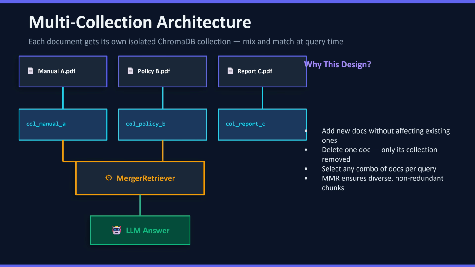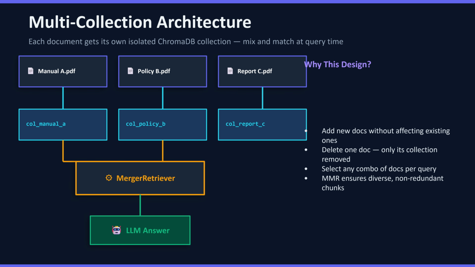Our approach is different. Every document, manual A, policy A, report C, gets its own Chroma DB collection. The collection name is derived from the file's MD5 hash, which means if the file changes, a new collection is created. If the file is unchanged, we reuse the existing collection. This is incremental indexing built in.